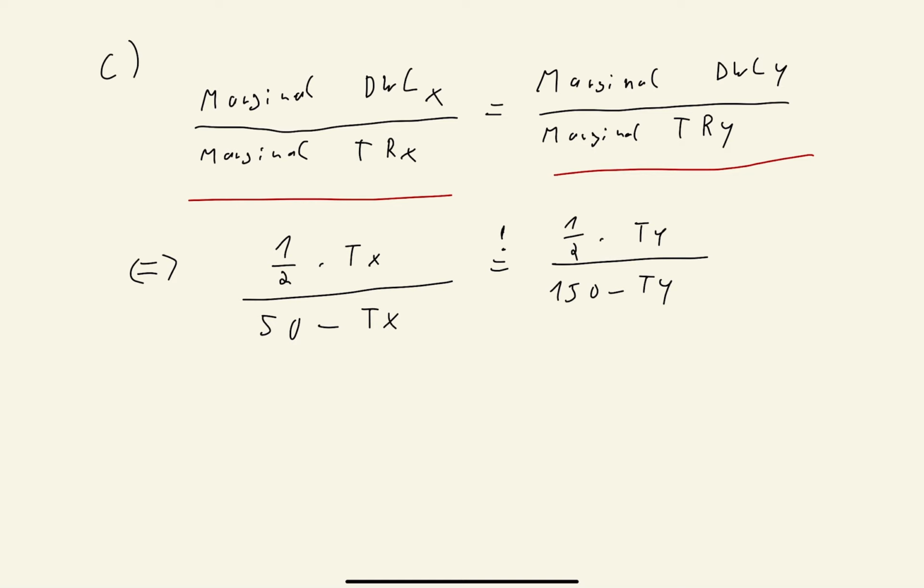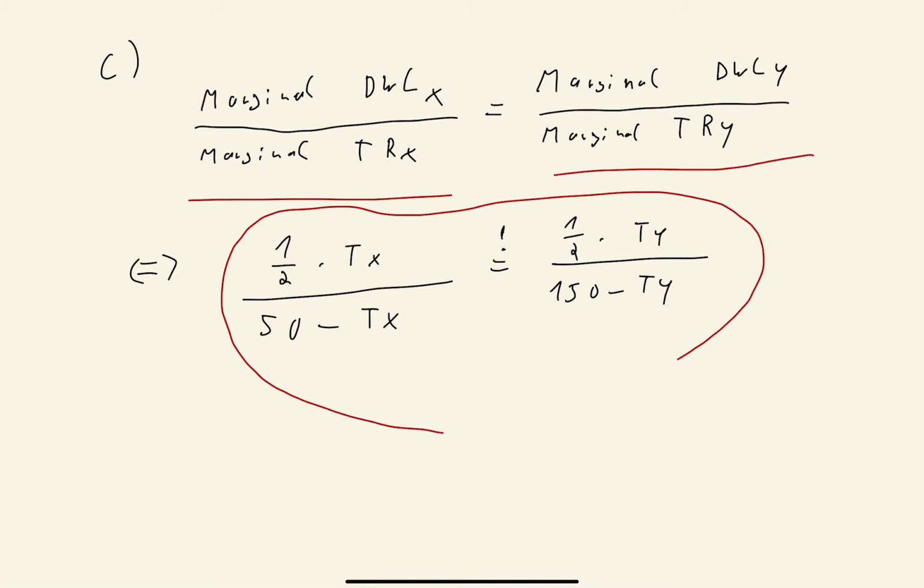If we plug in the corresponding values, the marginal deadweight loss of good X, which we calculated before, and the marginal tax revenue for good X, and the same thing for good Y, we end up with this condition here. This characterizes the optimal ratio of the taxes in this economy such that the distortions are minimized.